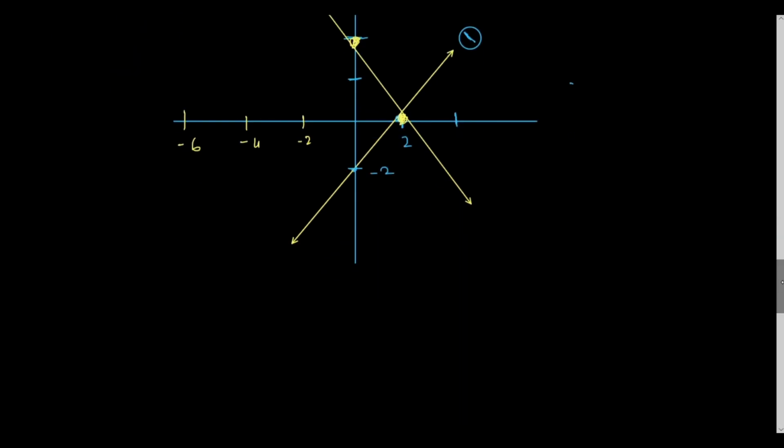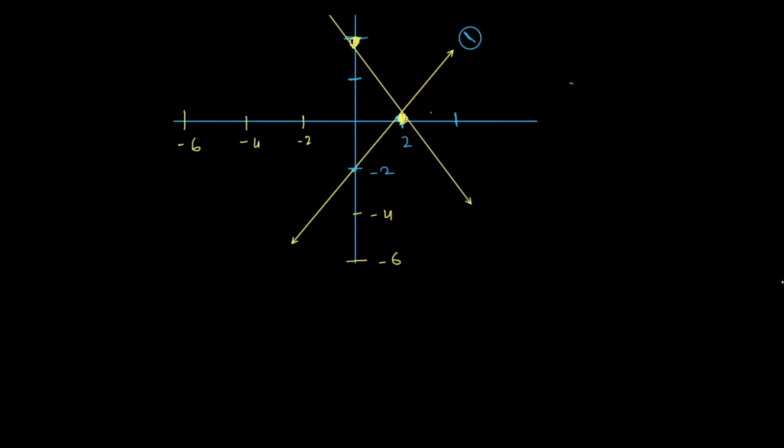If this is minus 2, this is minus 4, and this will be minus 6. Then for 3, 0: if this is 2, then 3 will be over here.